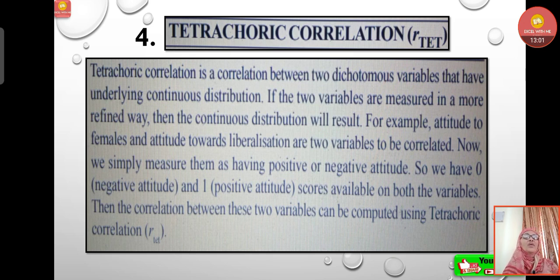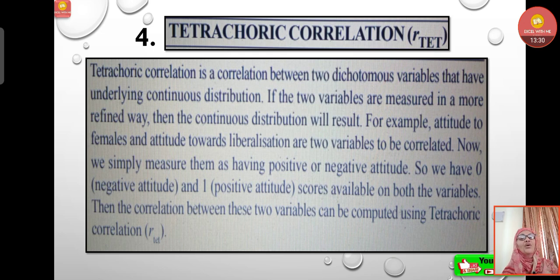Now, tetrachoric correlation. Tetrachoric correlation is a correlation between two dichotomous variables that have an underlying continuous distribution. If the two variables are measured in a more refined way, then a continuous distribution will result. For example, attitude towards females and attitude towards liberalization are two variables to be correlated. Now we simply measure them as having positive or negative attitude.